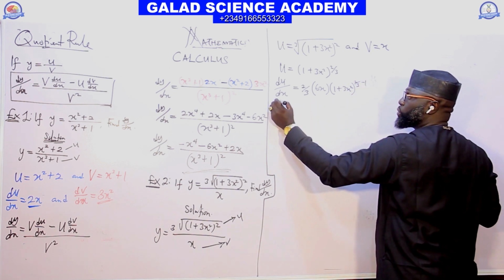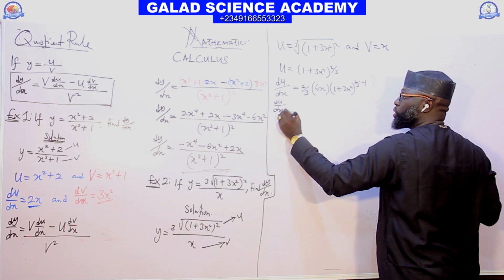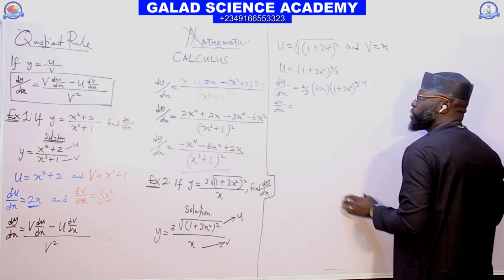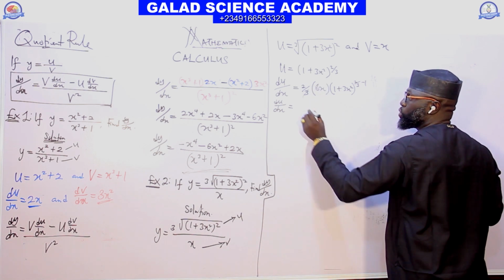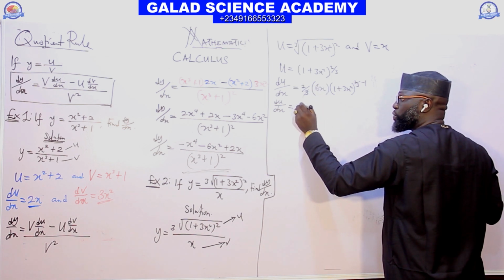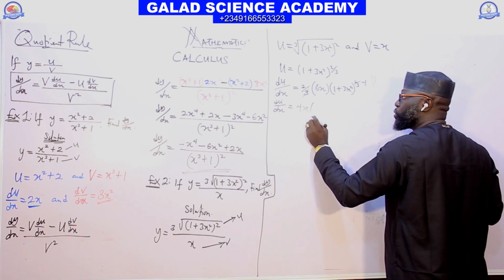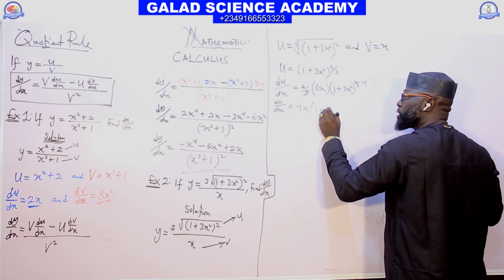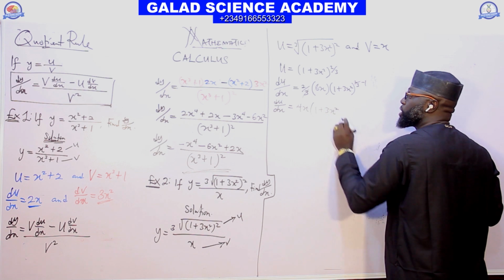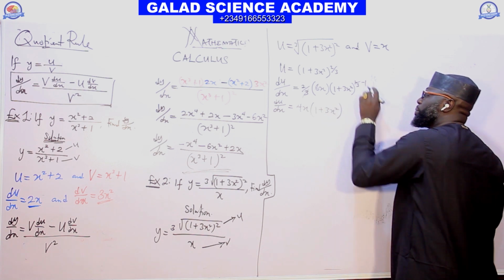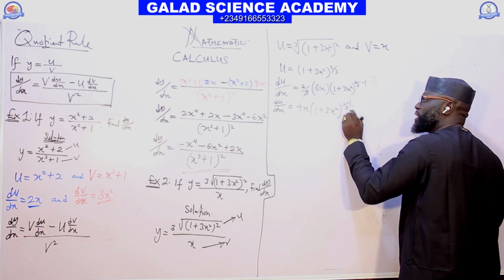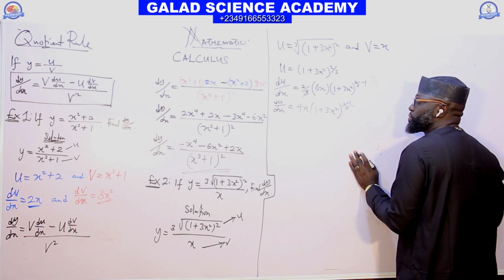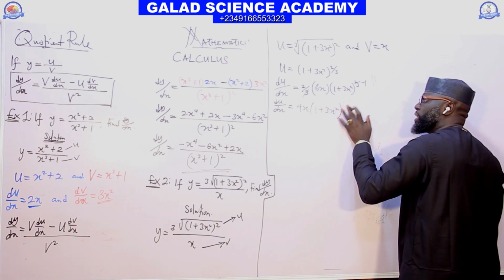So this will later give us, for du/dx, 3 into 2 here, we have 4x into 1 plus 3x squared. Reducing the power here, we have 2 minus 1 over 3, which is the same thing as 1 over 3.